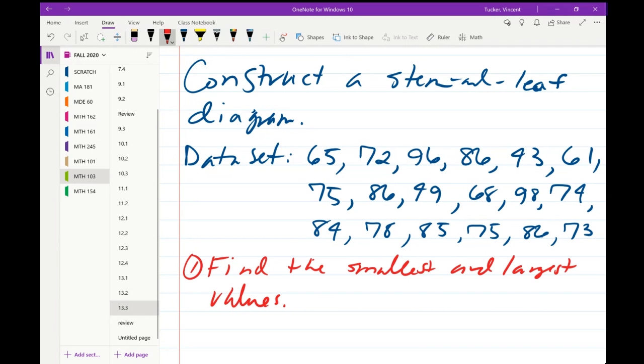First thing we want to do is find the smallest and largest value. Our smallest value, our minimum, is 43. And our largest, I see 96, 98. I think 98 is the largest value.